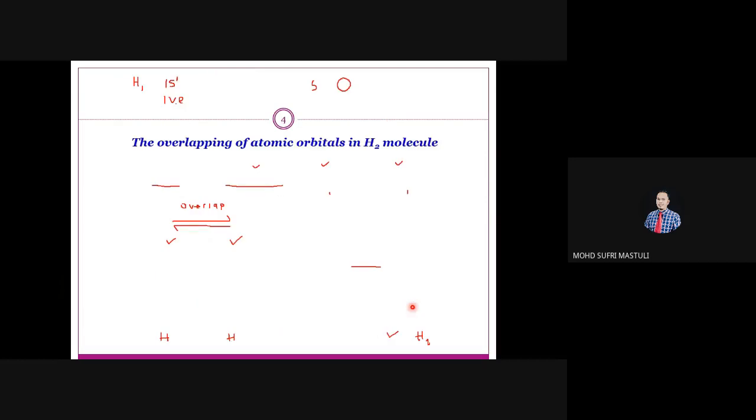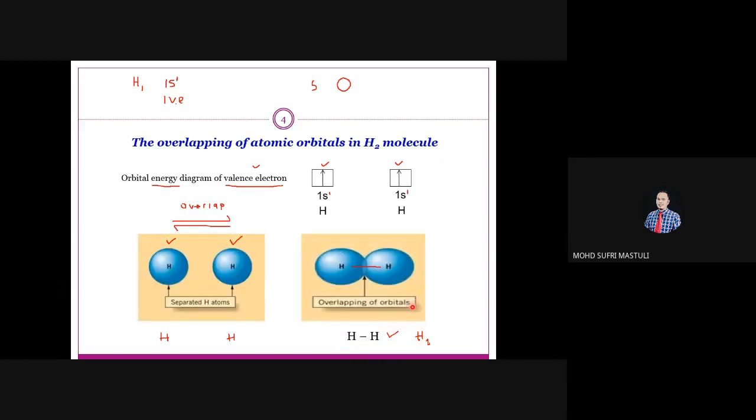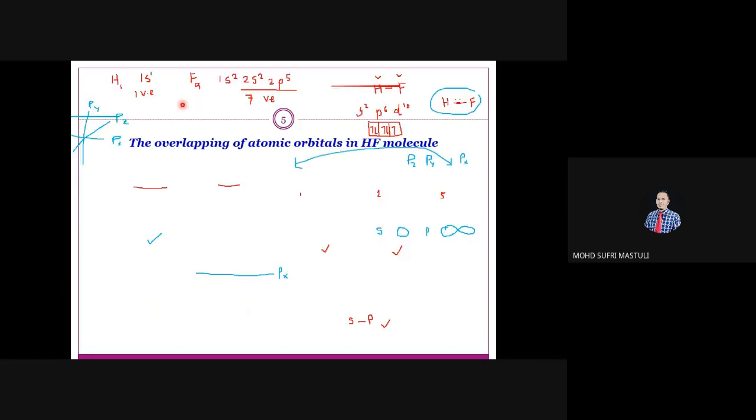Okay. So we start from the simplest compound, hydrogen, and then we identify that the formation of hydrogen should be overlapping between S and S from the valence electrons. How to draw this? You have to write the electronic configuration and identify the valence electrons.